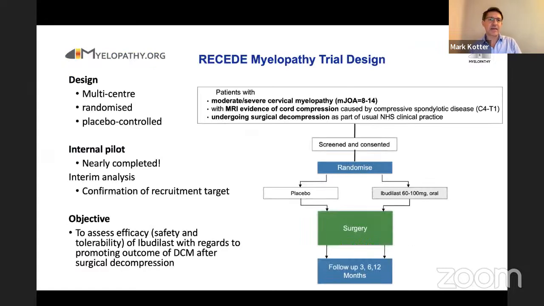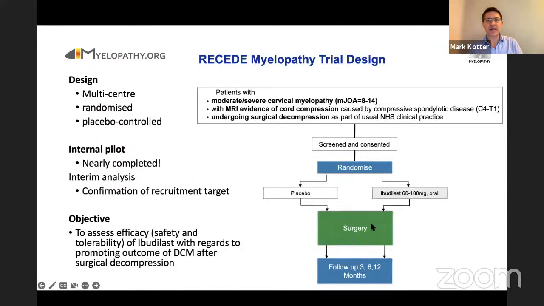This is a classic randomized placebo-controlled trial, which uses pragmatic inclusion criteria with individuals with moderate to severe DCM, with confirmed compression on the MRI and obviously confirmed clinical signs and symptoms.